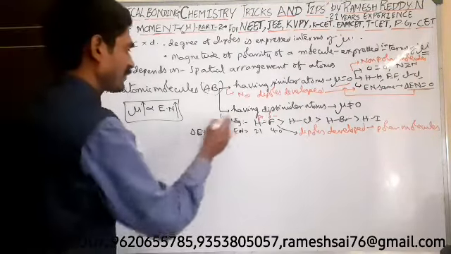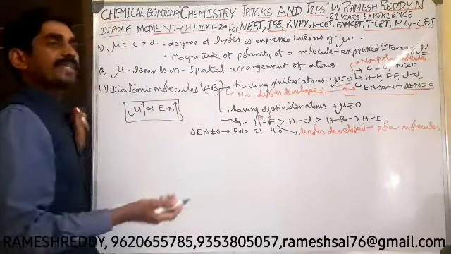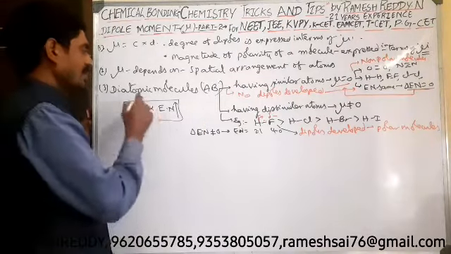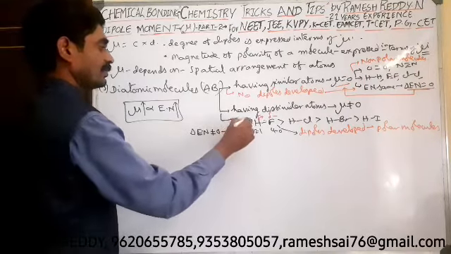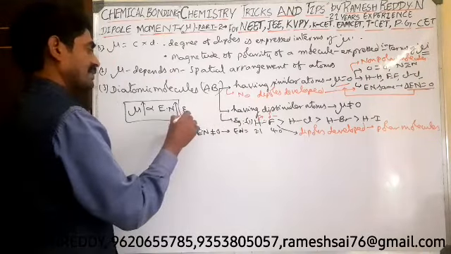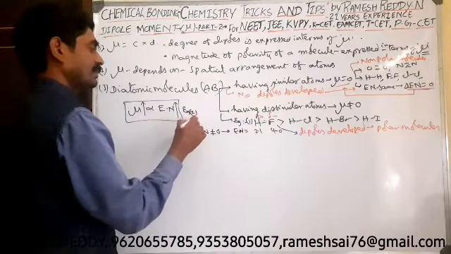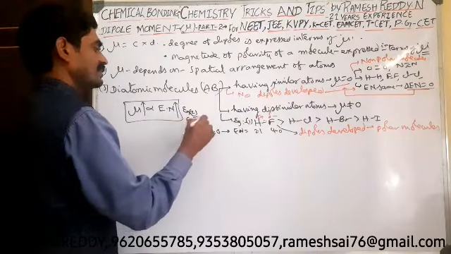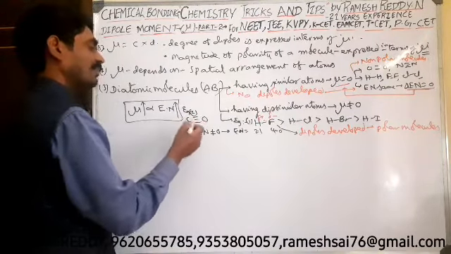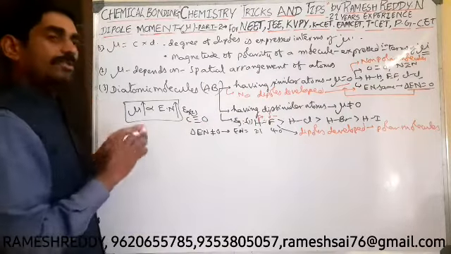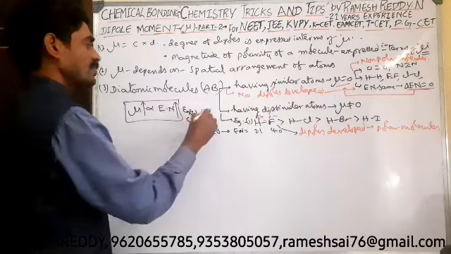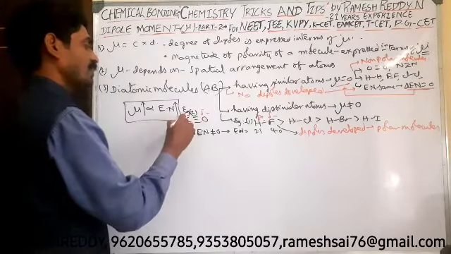Then take a carbon monoxide molecule also, the CO molecule, as another example. In carbon monoxide, 3 bonds are there, and there is an electronegativity difference. So over the oxygen atom there is a partial negative charge, and carbon gets a partial positive charge.